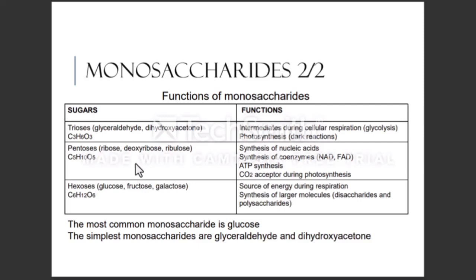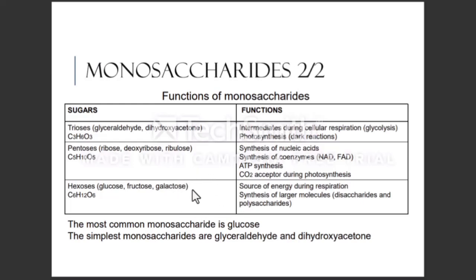Okay. Then there are hexoses, which are sugars which contain 6 carbon atoms, as we said. So among these sugars, we can state glucose, fructose, and galactose. So these are the 3 main hexose sugars. So these hexose sugars, their functions are mainly as a source of energy.